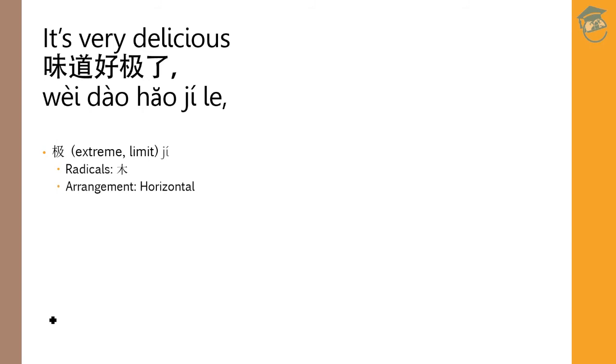As in, you want to say it's extremely delicious, you can say 味道好极了. Okay? Remember, because Xiao Zhang is asking 味道怎么样? So she answers 味道好极了. So it is just to replace 怎么样 with the adjective 好极了.